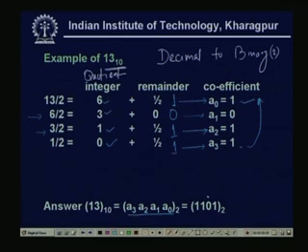So, now if you want to check what we have done so far, what do I get? I get my binary representation of 13, the 13 in decimal system, I got 1, 1, 0, 1.